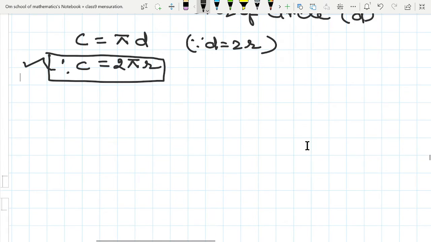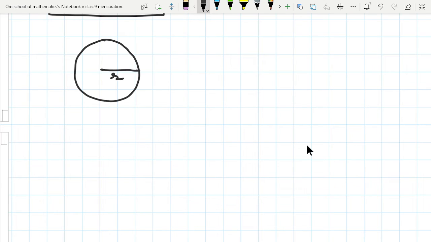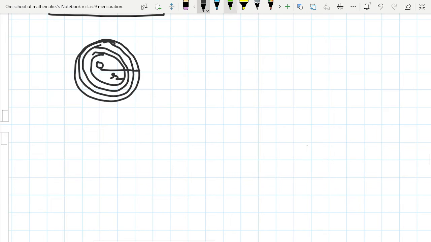Now see, I am deriving the formula to find the area of a circle. Let's suppose this is a circle of radius r. Again, more circles are there, concentric circles are there. Think of one important point: you have been given a circle, many circles, and all the circles are closely packed.